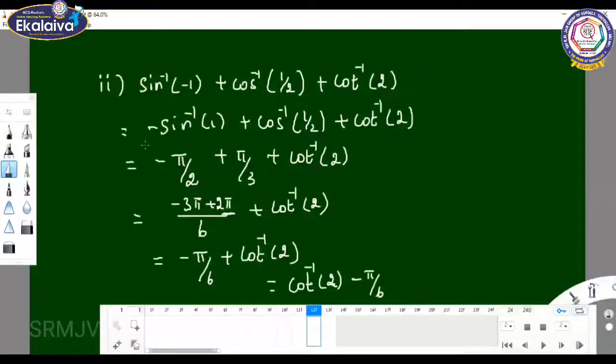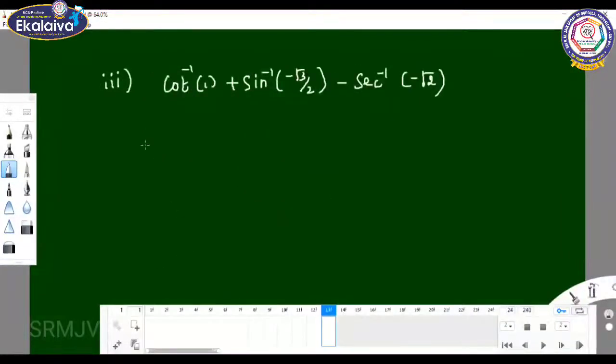See the third last subdivision in this exercise. Cot inverse of 1 plus sine inverse of minus root 3 by 2 minus secant inverse of minus root 2. See here, cot inverse of 1.